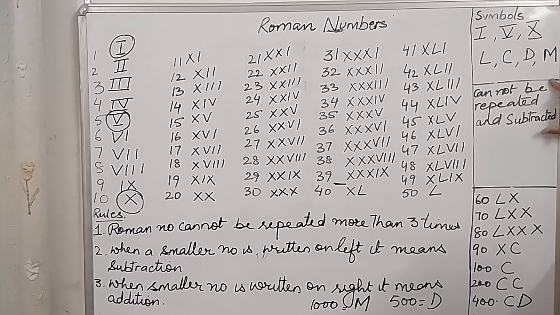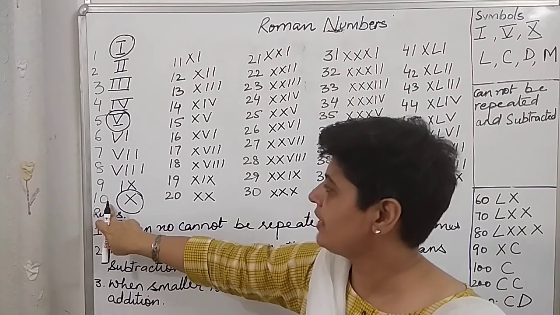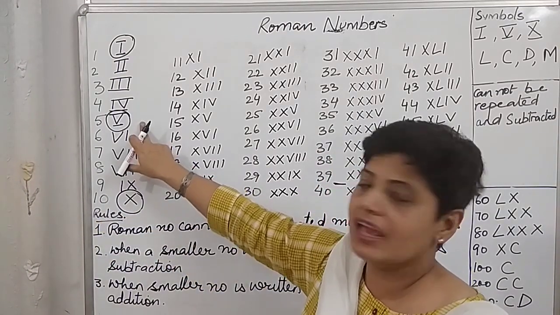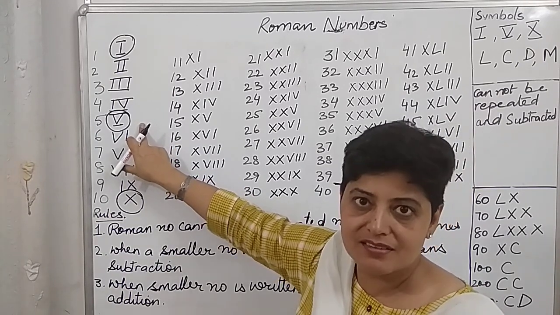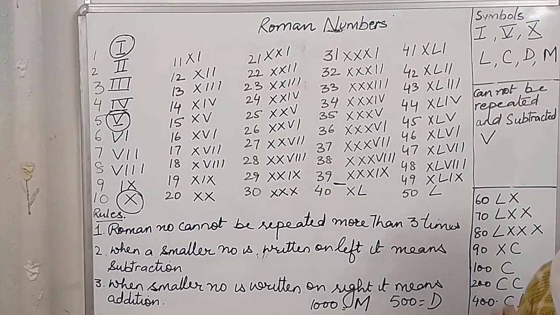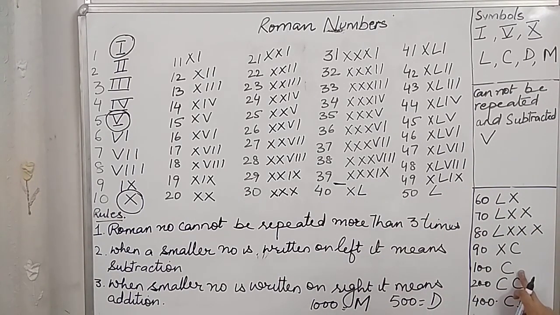Now a few symbols cannot be repeated and subtracted. Let us look for those symbols now. 5 plus 5 becomes 10, but for 10 we have used another symbol. It means V cannot be repeated. Then 50 plus 50 gives 100, but we have used another symbol for 100.